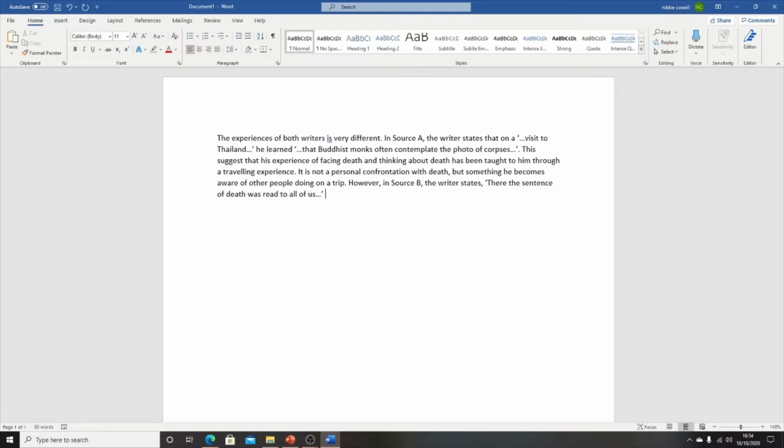So again, I've got a statement there, I've got my evidence, and now I am going to put again my suggestion. So I'm going to use highlighting here instead of suggests, because I've already said suggests.